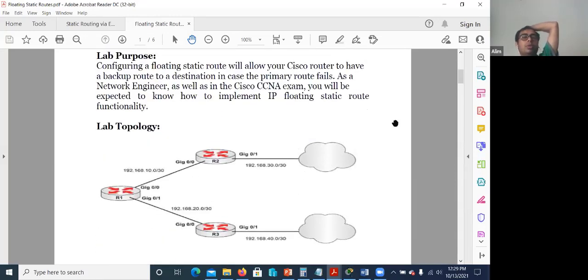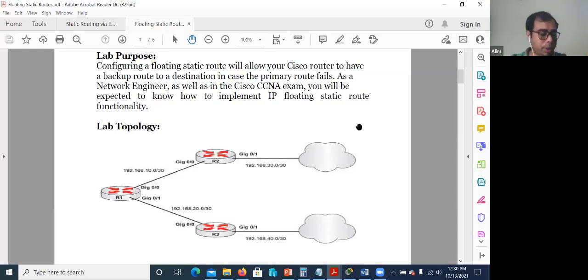In the next session, hopefully we will discuss dynamic routing and other IP addressing concepts like supernetting, for example, or route summarization.